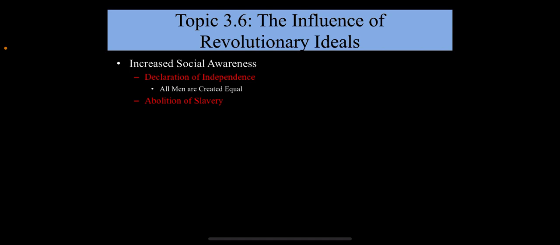So the international slave trade was made illegal. In the North, those states began the process of emancipation. So if you were a slave in a northern state, you would get emancipated, and slavery was made illegal in those.